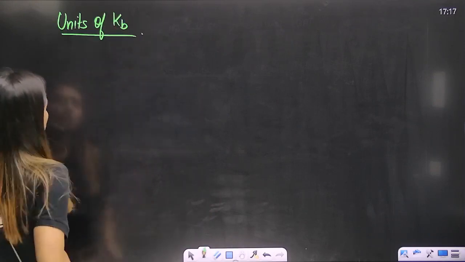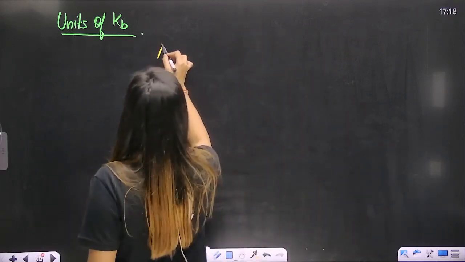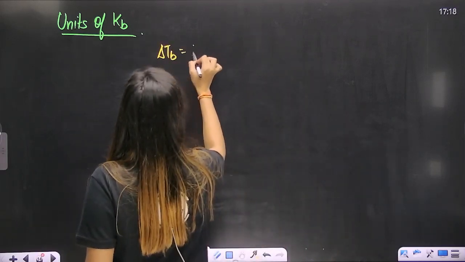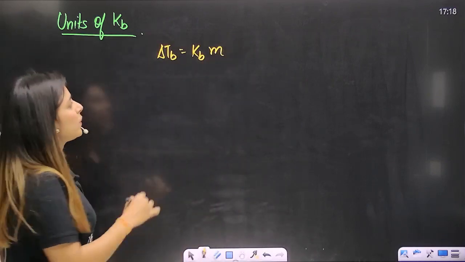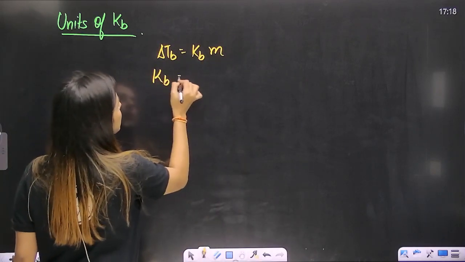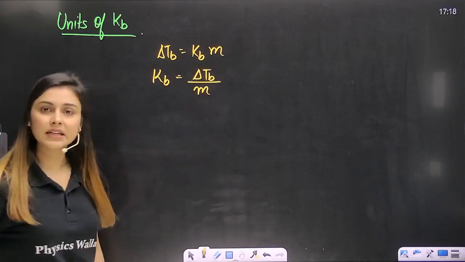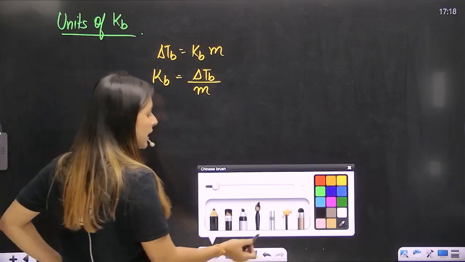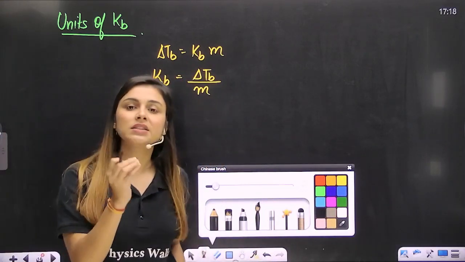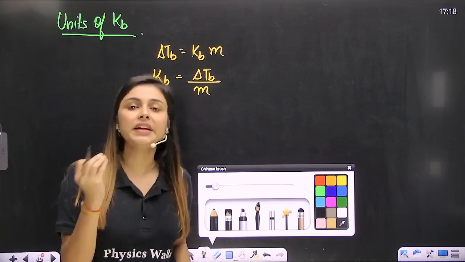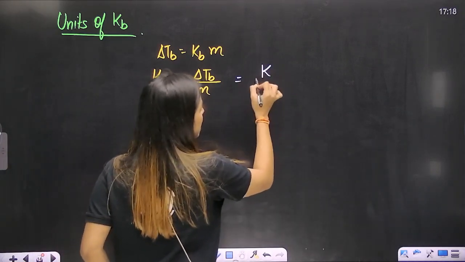So now, my dear students, what is the unit of Kb? I know that delta Tb is equal to Kb into m. Right? So Kb will be equal to delta Tb upon m. Now, what can be the unit of Kb? Since it is the difference of temperature and we take temperature in Kelvin, the unit here will be Kelvin.